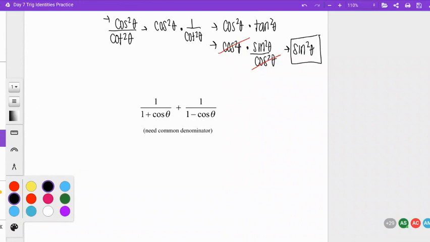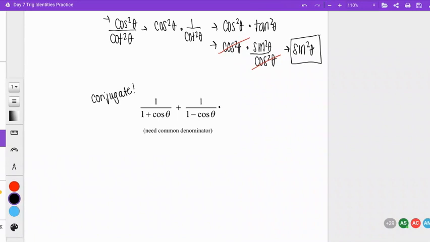Now, this example is adding fractions. So when we add fractions, we want to make sure that we have a common denominator. In our case, they're really close, but they're not quite the same. So we actually want to use this idea of a conjugate to help us out, right? We want a common denominator that relates to what we were given, but also will look the same on the other side.